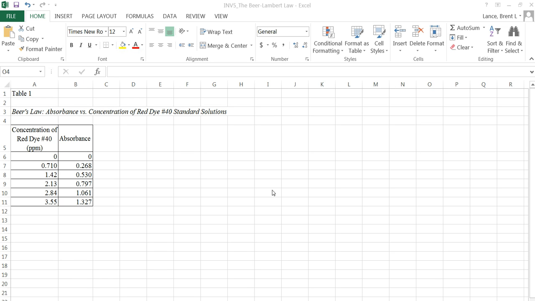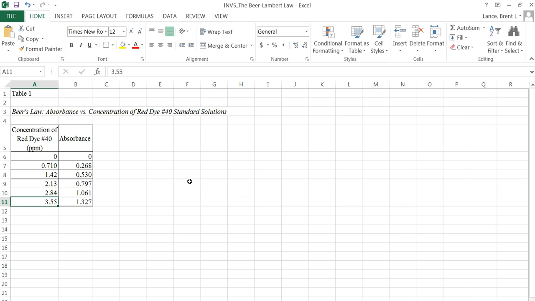Okay, I have put on an Excel spreadsheet a data table for the investigation where we measured the absorbance versus concentration of red dye number 40, and then you're supposed to use that information to create a Beer's Law plot and try to calculate the concentration of the unknown solution that was prepared from the 3.55 parts per million red dye stock solution.